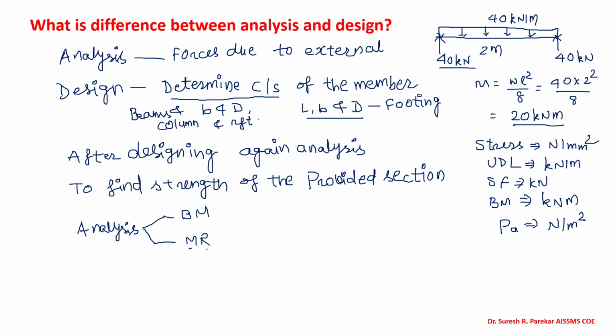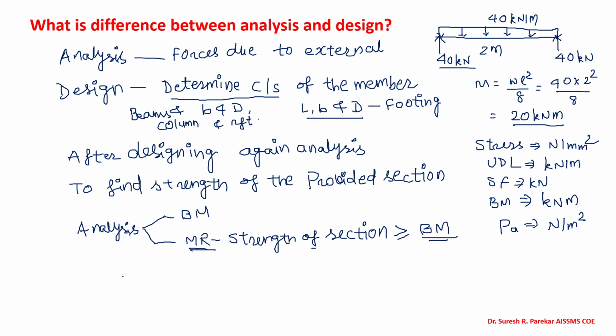After designing, when I find the moment of resistance, which is the strength of the section, this value should always be greater than or at least equal to the bending moment. Means the strength of the section should be greater than the load coming on it.